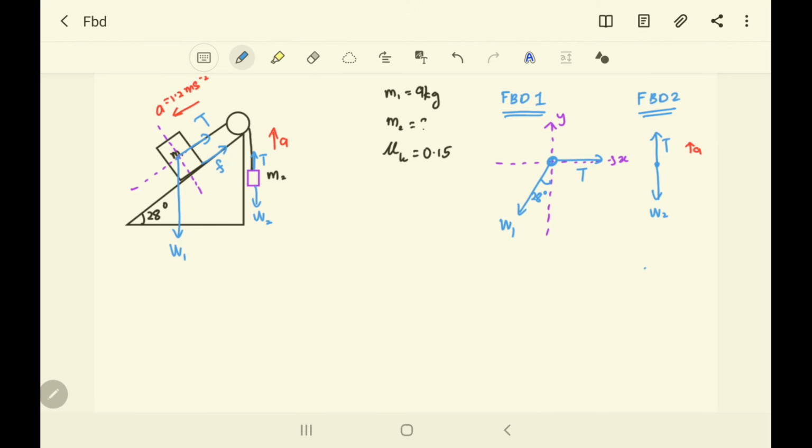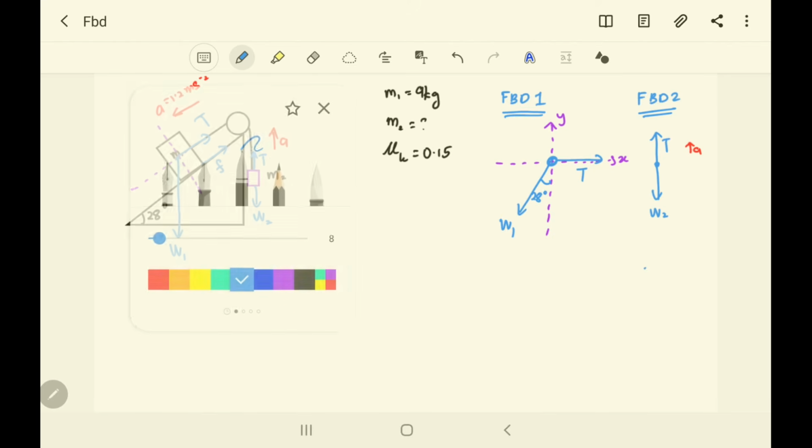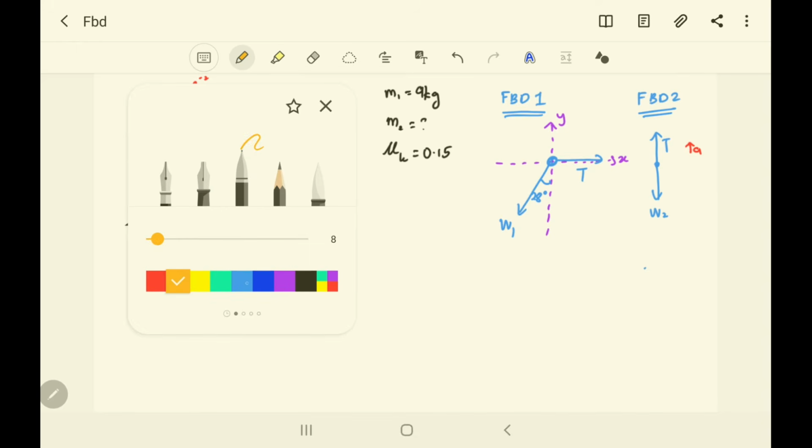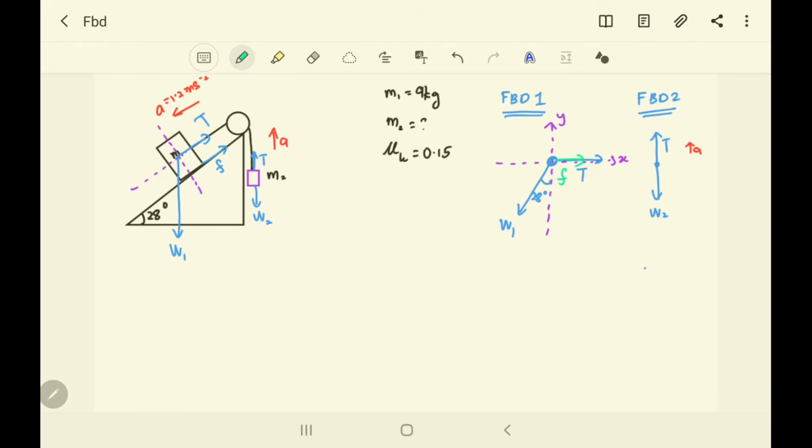Okay, and also frictional force. Okay, kita letak color lain lah, frictional force. So the frictional force, and the arrow of the acceleration, the motion should be in this direction. Okay, maknanya dia boleh bergerak turun ke bawah. Okay, because we have WX. So W1 ni nanti make sure you resolve into WY and WX.